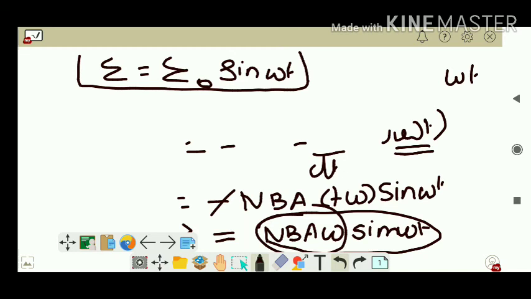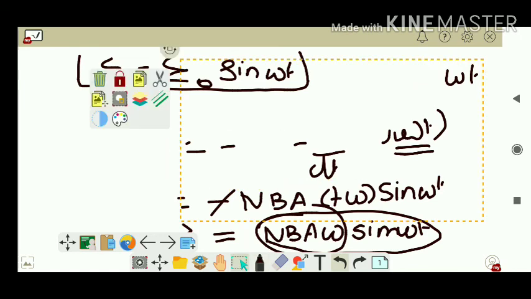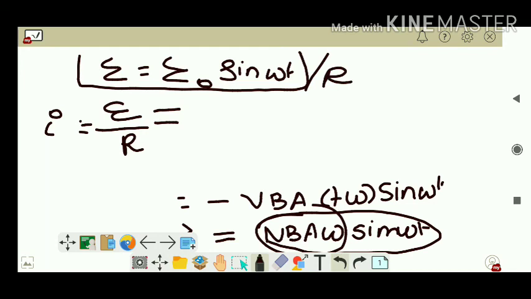Clear? Now, again, what is epsilon by R? If the load is resistance R, that is our current, remember? So on the left hand side, and on the right hand side also, I have to divide by R. So epsilon naught by R sin omega t. What is epsilon naught by R?